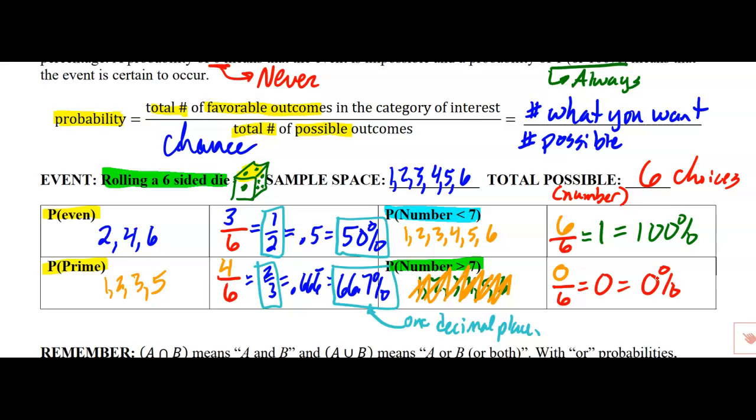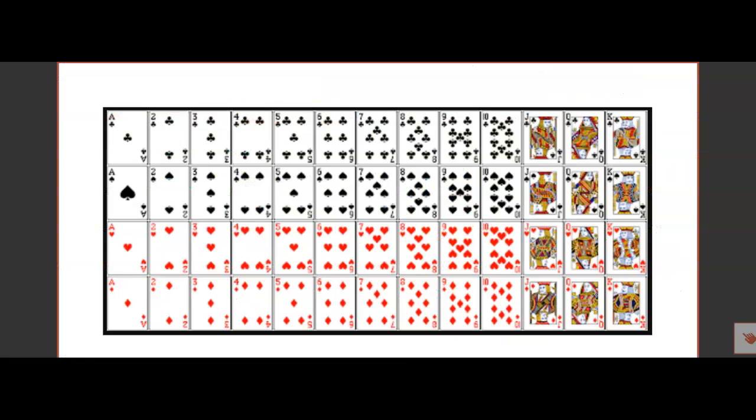Okay, so that's your basic idea with a sample space. If you're taking notes on this, I would suggest you now turn to the back page of your notes packet, which has a blank sheet, and we're going to look at a couple other ideas, okay? So one of the probabilities that you'll see a lot, like on standardized tests, is card decks. So this is a standard deck of cards. It's showing every card.